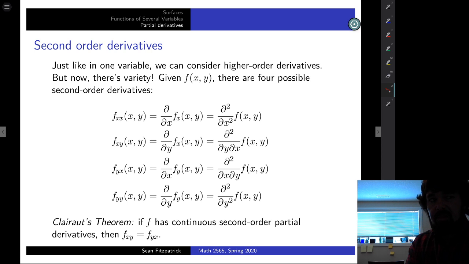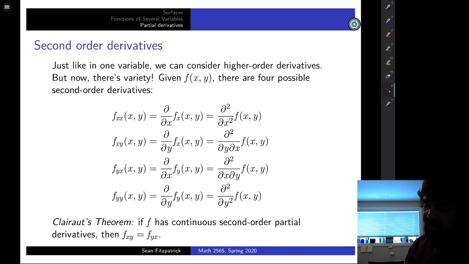And this is a theorem. There's a theorem called Clairaut's theorem, which says that as long as all those partial derivatives are continuous, and again, you define continuity for several variables the same way you do for one variable, it's just that limits are harder, right? But as long as all the partials are continuous, then those mixed derivatives should be the same, right?